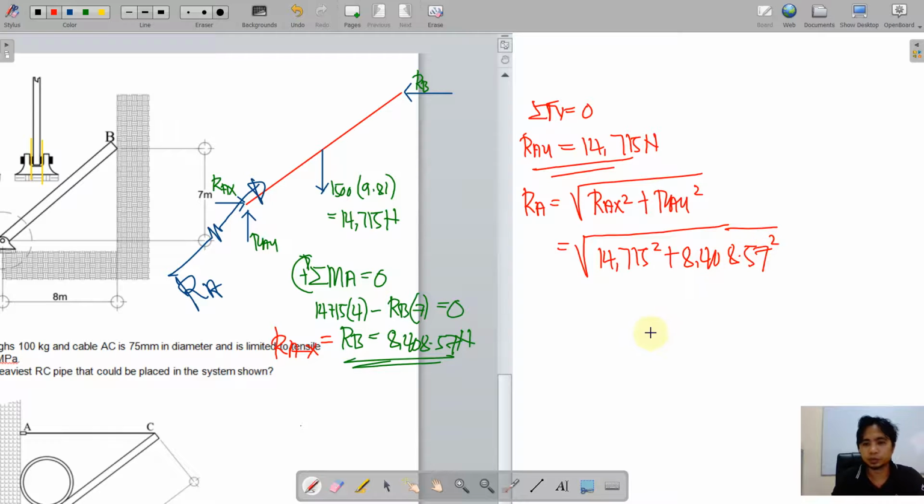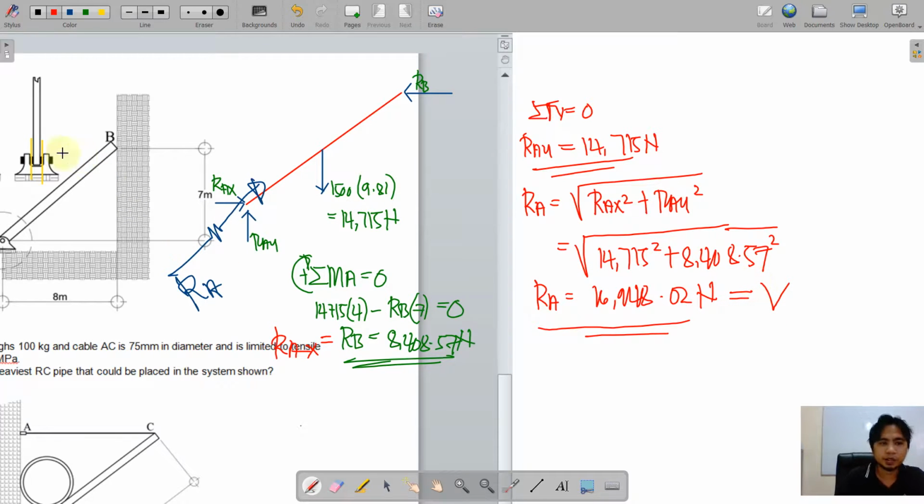This is also squared. We have an RA equivalent to 16,948.02 newtons. Okay, so again, RA will act as a shear at this particular joint, okay, because this has a double shear effect on the bolt.